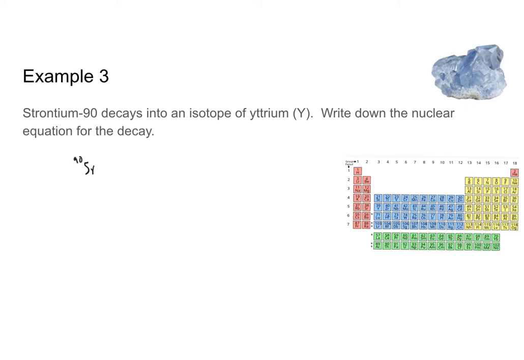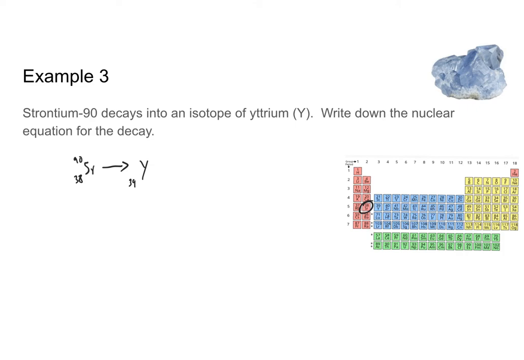So third example. This time we have strontium-90, which is going to have atomic number 38, as I can see in my image over here. And we know that strontium-90 is going to be decaying into yttrium, which is atomic number 39. So looking at our 4 kinds of decay, we know it's not alpha decay because we're not decreasing our atomic number by 2.